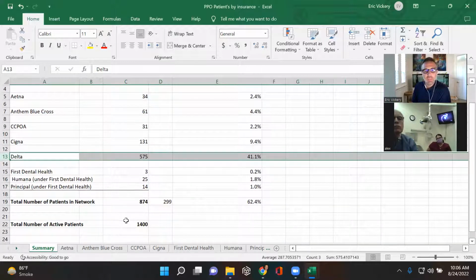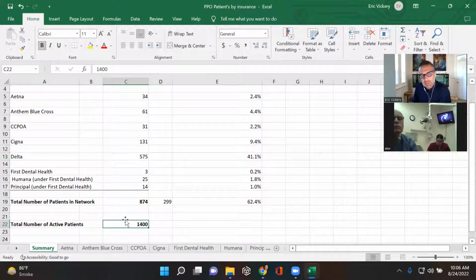Now, a lot of times what I find is this number is make-believe, meaning it's fake, it's false. It's not accurate because we haven't been keeping up with inactivating patients who haven't been in 18 months or more.